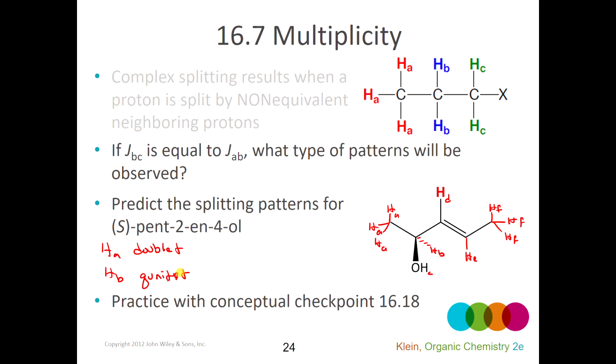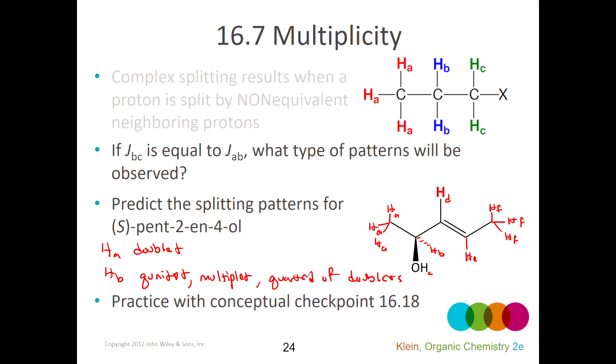If they were splitting with the same coupling constant, maybe it'll be a multiplet, if they're splitting with similar but not quite equivalent coupling constants. Or maybe if A splits B with a large coupling constant and D splits B with a small coupling constant, then I would have a quartet of doublets.